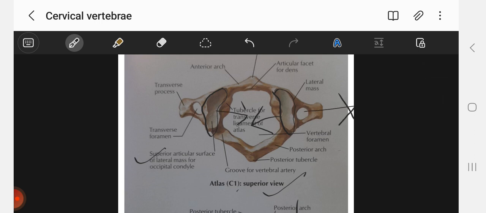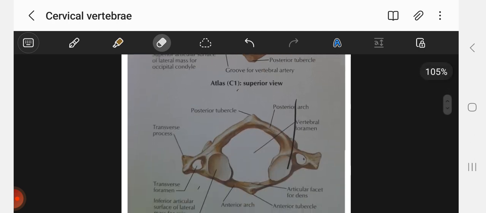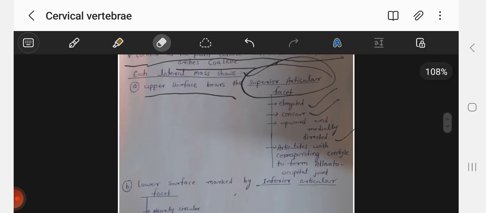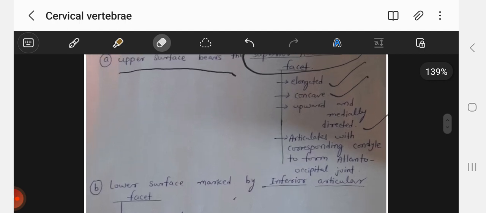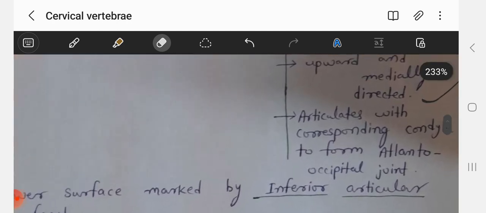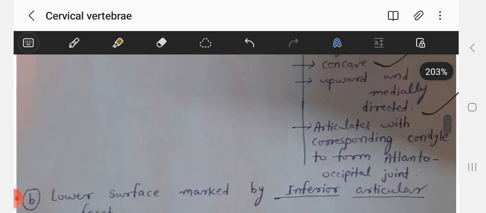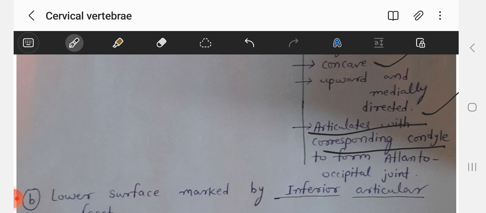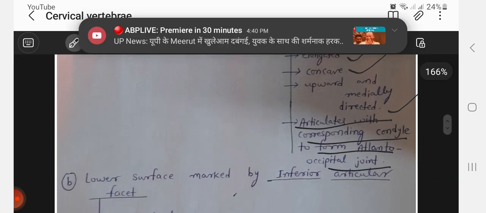Here also it is medial. And one most important thing about the superior articular facet is that it articulates with the corresponding condyles to form the atlanto-occipital joint.